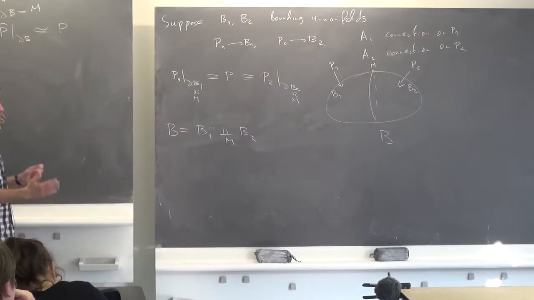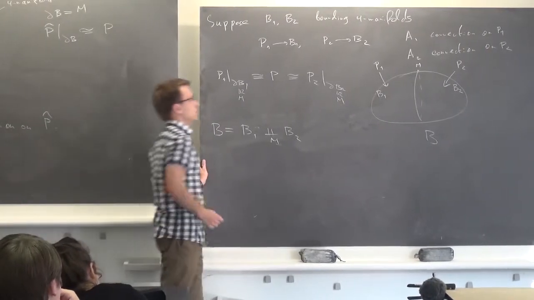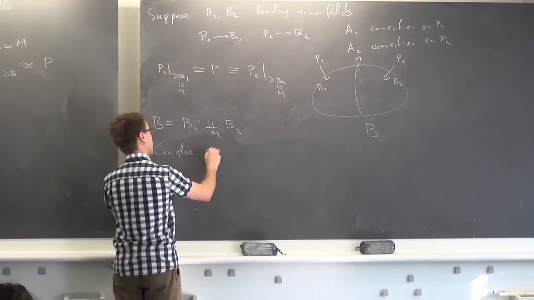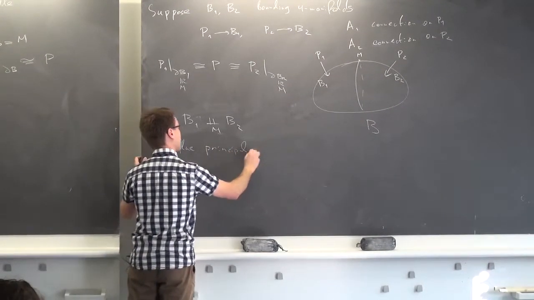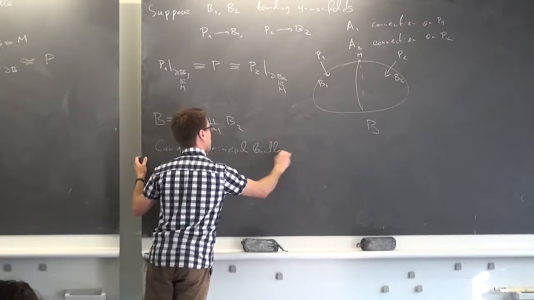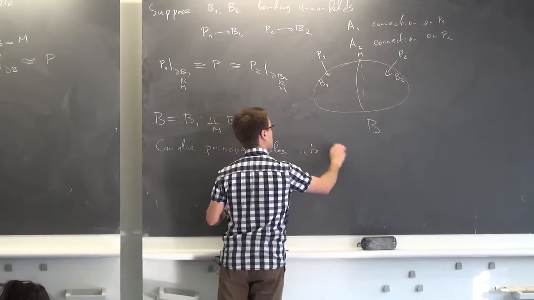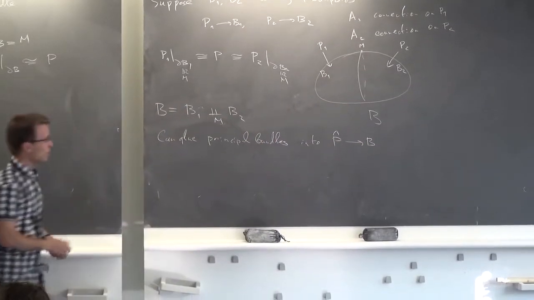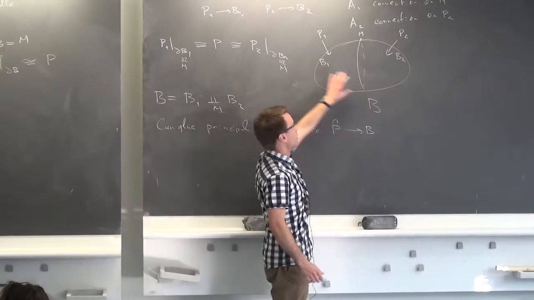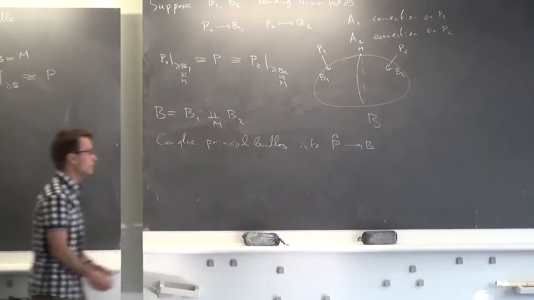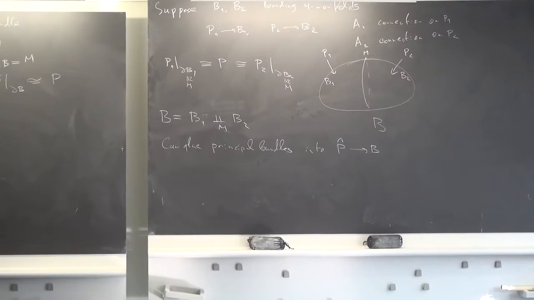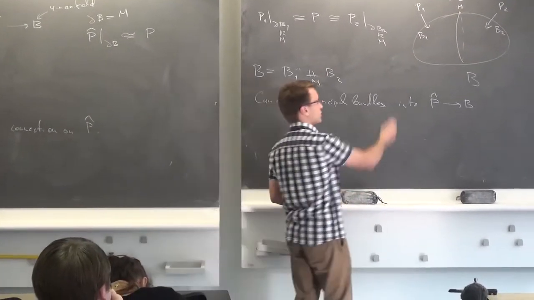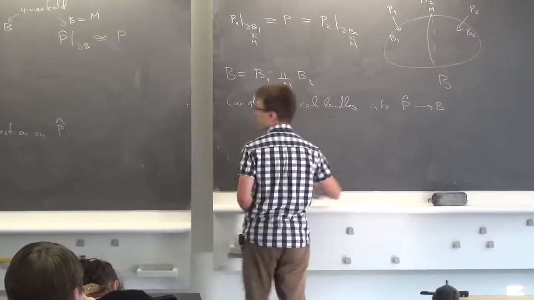So again, you can also glue the principal bundles into some P hat over B, which coincides with P1 and P2 on the two halves. Okay, and moreover, you have a connection on this principal bundle, which again restricts to A1 and A2 on the two halves.